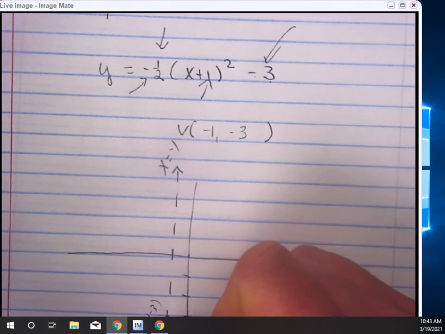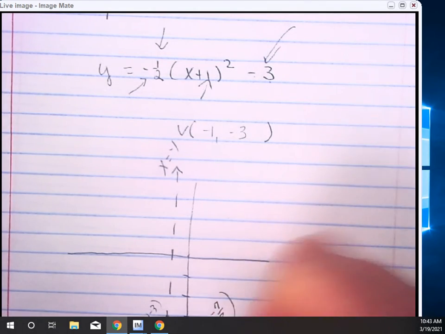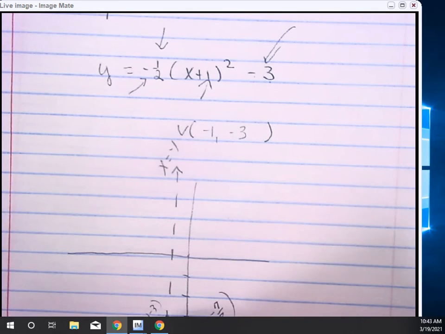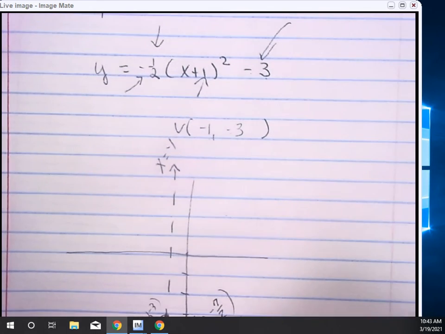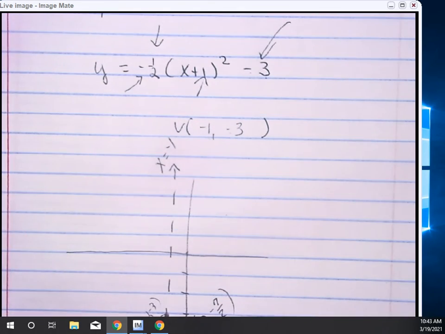So when we substitute the 0 in, we get a -3.5, which is -7/2. If I mirror this over to the other side, because it's the axis of symmetry, I know how wide to make my graph. Kind of making sense? Is that a 7/2? Yes. Okay. 3.5 is 7/2.